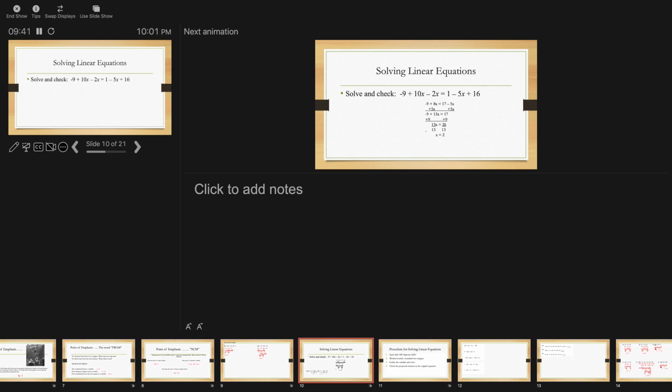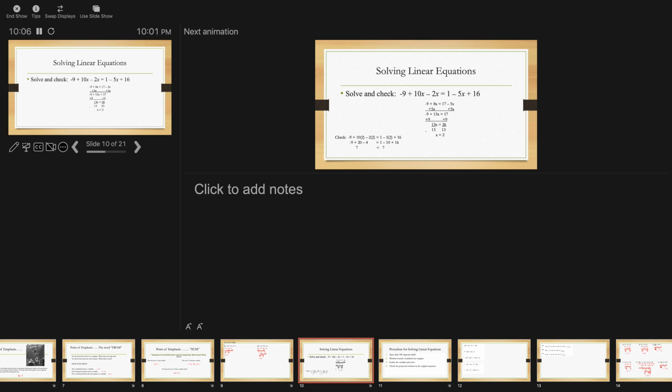Okay, solving linear equations. Here's a big long one, but again, you should be pretty comfortable with it. Go ahead. Remember, do stop and start just like at all the other times. Okay, so on the left-hand side, I see a same side, same operation situation, so I get 8x. So the whole left side simplifies to negative 9 plus 8x.